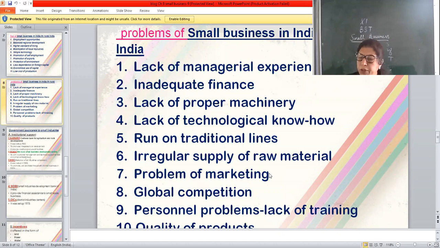And the next point, which is very important, is global competition. See, my dear, small businesses always face the problem of competition. Small scale industries are unable to compete with big companies and multinational companies.